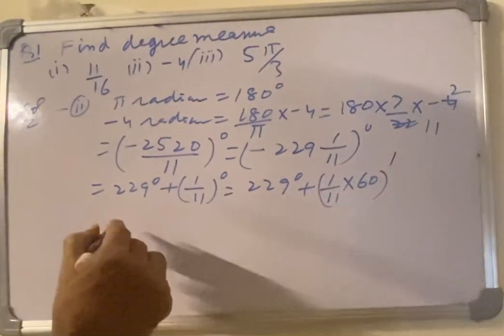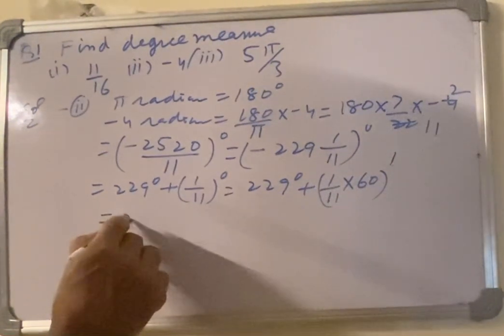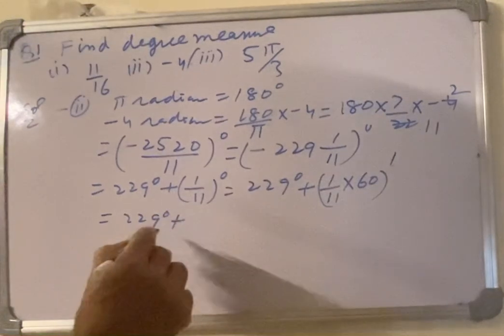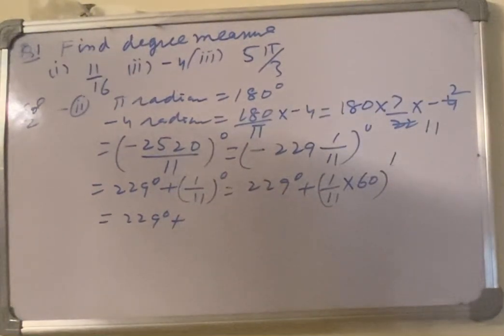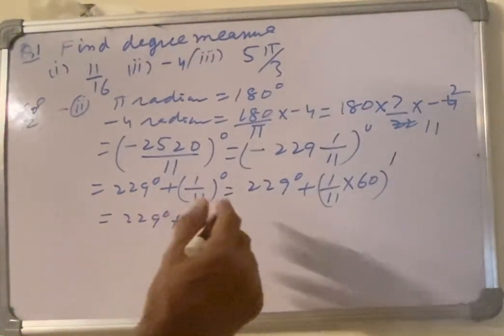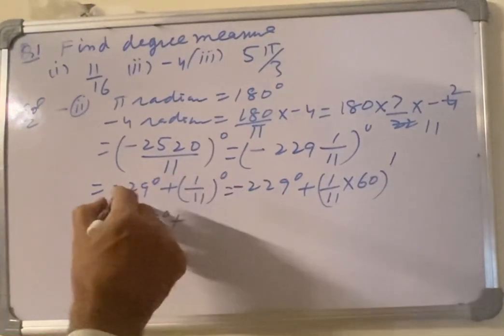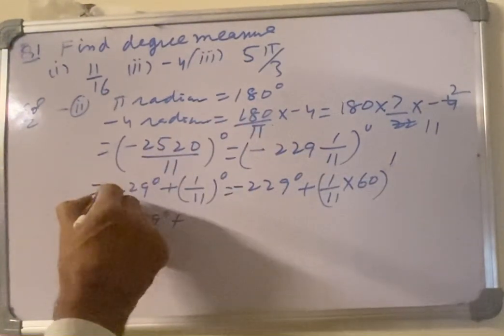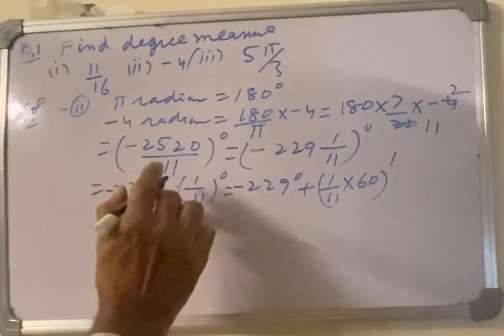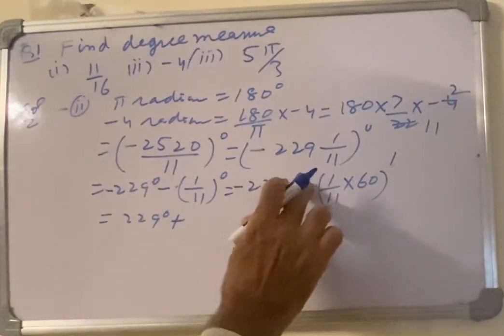So again we shall convert this into mixed fraction. Sorry, this is minus. Why? Because we have minus. All these are negative.